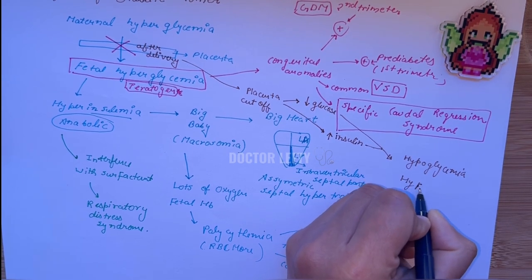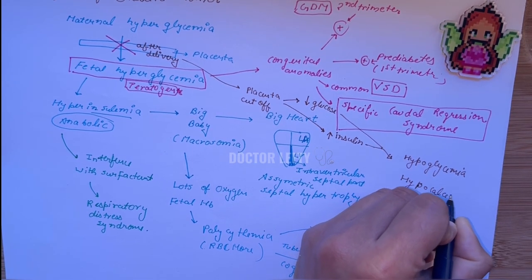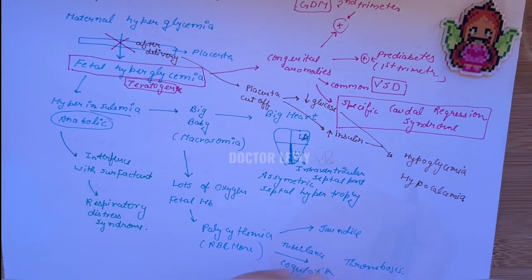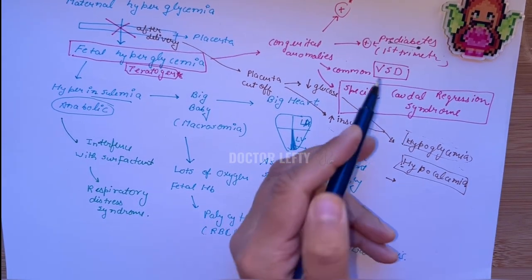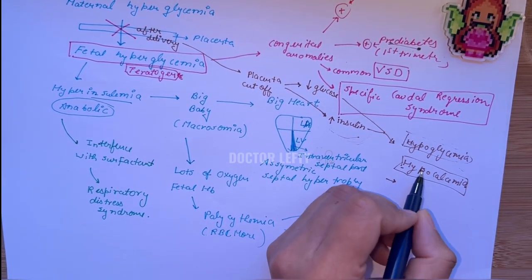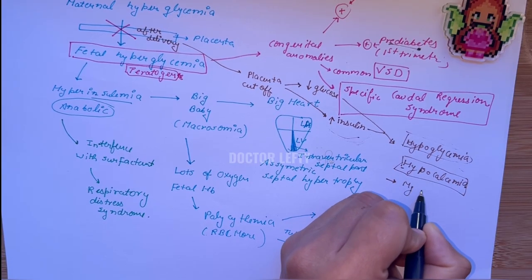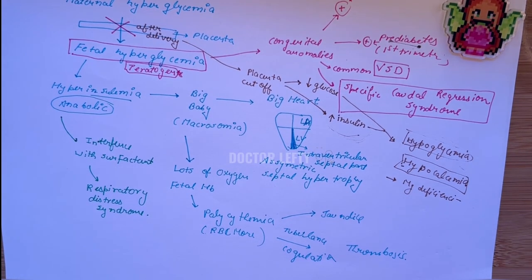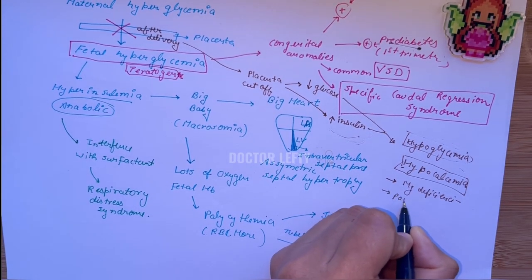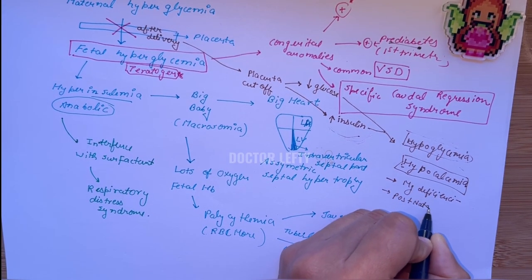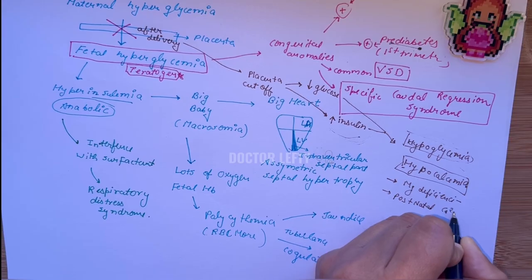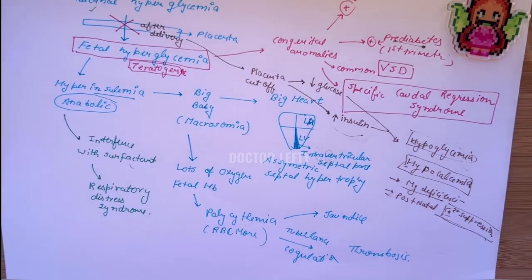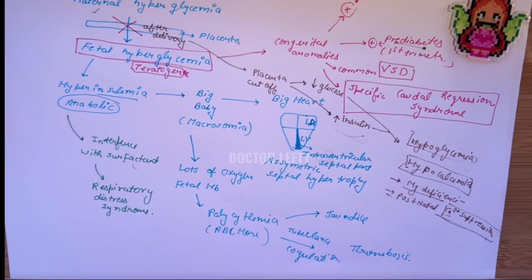hypocalcemia. The reason for hypocalcemia is that there is maternal fetal magnesium loss. During the pregnancy, the diabetic mother urinates a lot of magnesium, causing the deficiency in her and the fetus. And this causes postnatal calcium suppression.